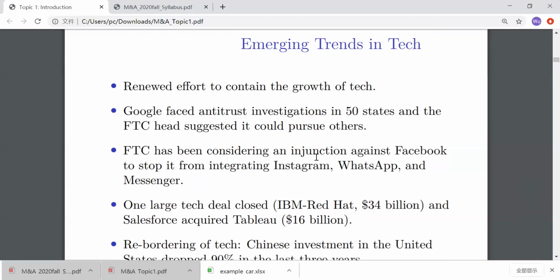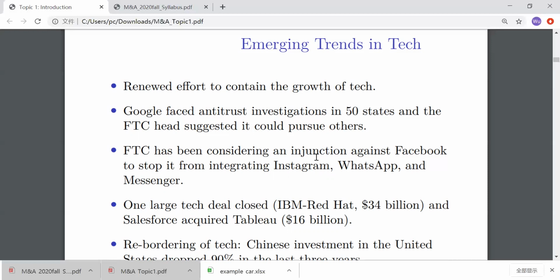One of the reasons is that these big tech companies have become so big that there have been antitrust concerns. For example, Google faced antitrust investigation in 50 states, and the FTC had suggested it could pursue others. So there have been growing concerns about technology companies, because those big technology companies have been too big. That's why there are antitrust concerns, right?